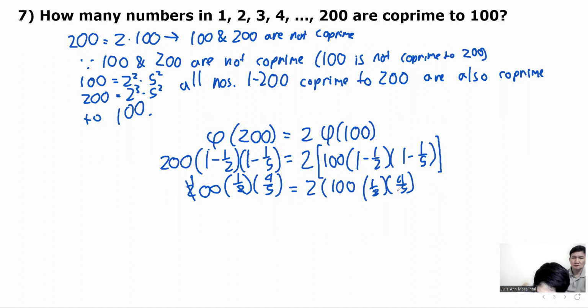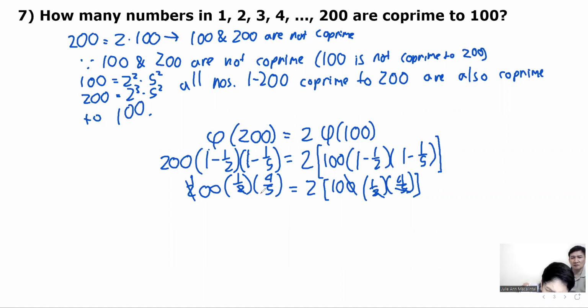So we can cancel these two and then cancel that 0. Eventually 100 over 5 is 20, times 4.